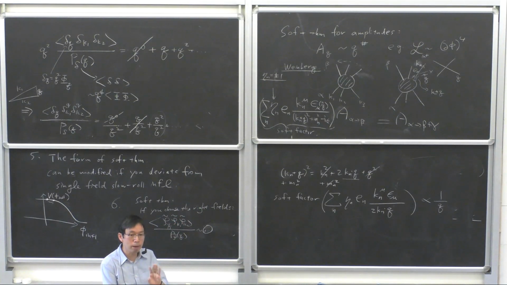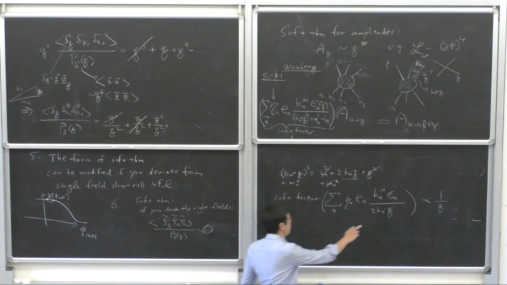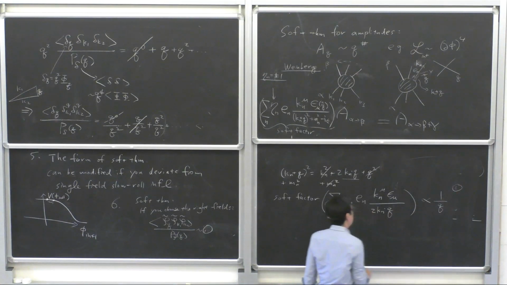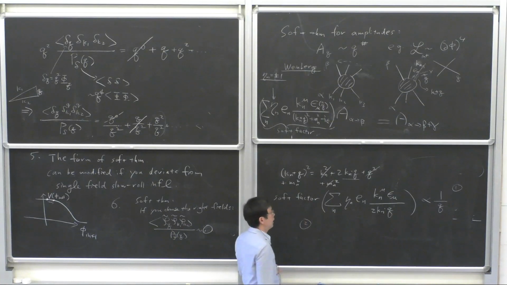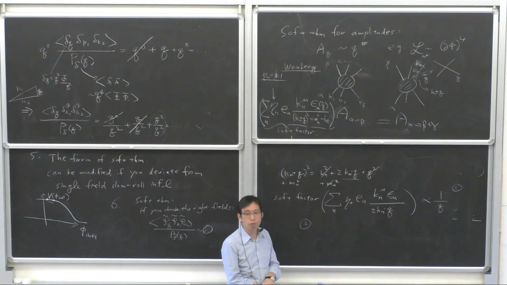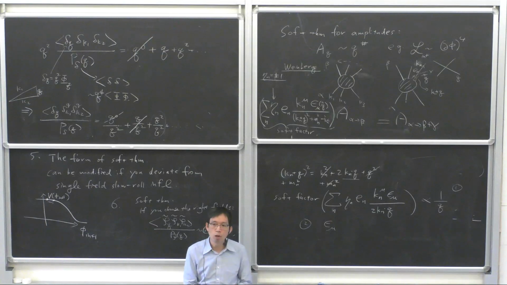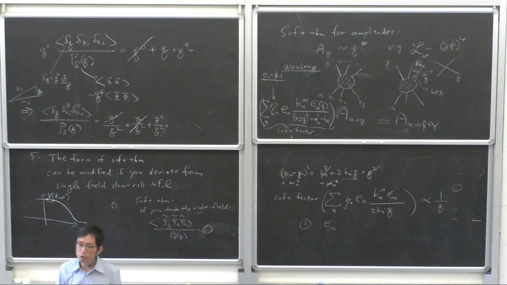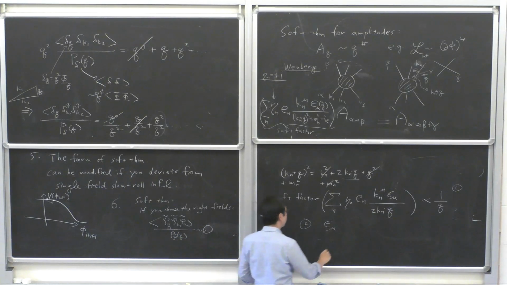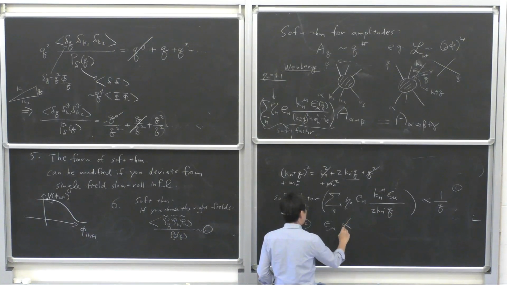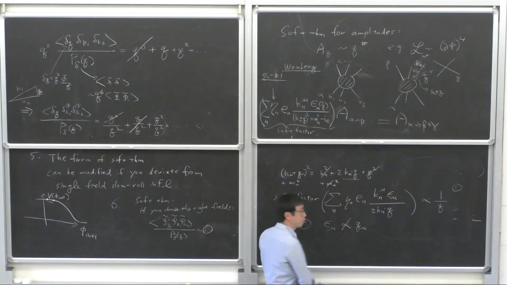So the main 2 comments I want to make are the following. One is that it goes like 1 over Q. And then the other is what Weinberg actually went on to say. He said, look at the photon polarization. For the photon polarization to be physical, for it not to be pure gauge, A mu cannot be d mu of something, which means a physical polarization cannot be proportional to Q mu.